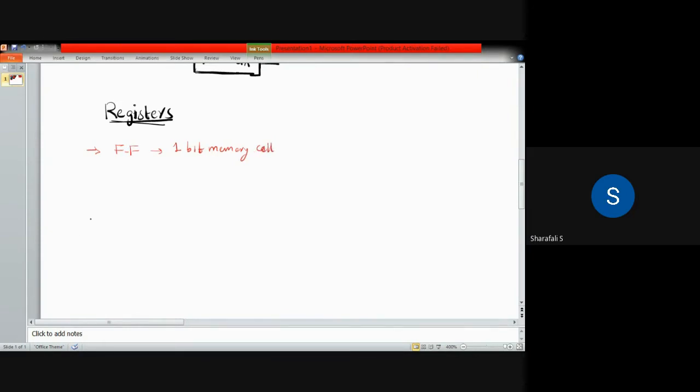And registers are nothing but a group of flip-flops, which is called registers.